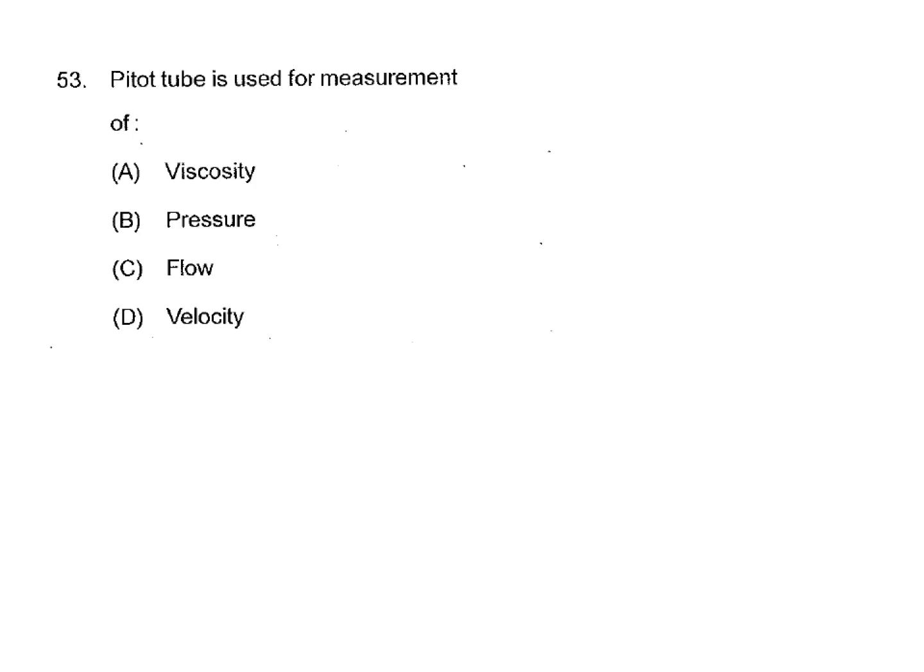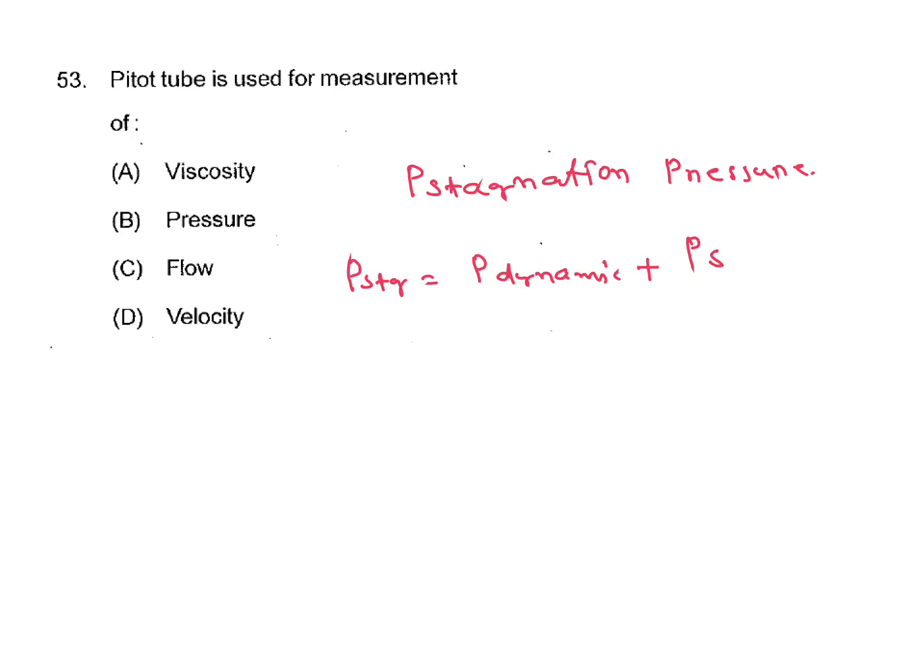Pitot tube is used for measurement of... to measure stagnation pressure. Stagnation pressure is P dynamic plus P static, static pressure plus dynamic pressure.